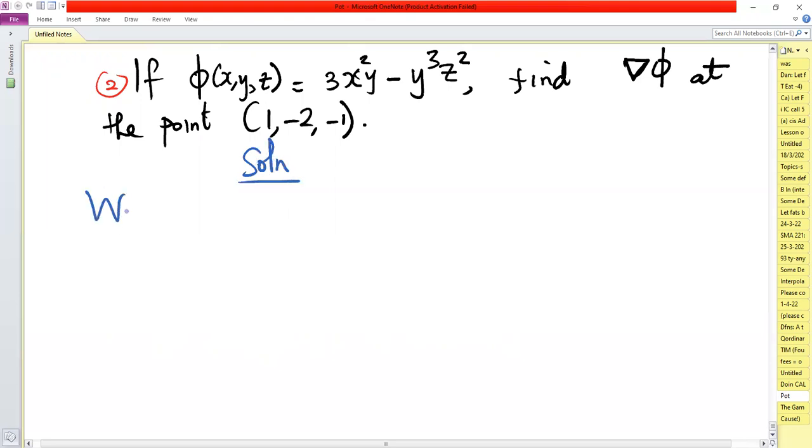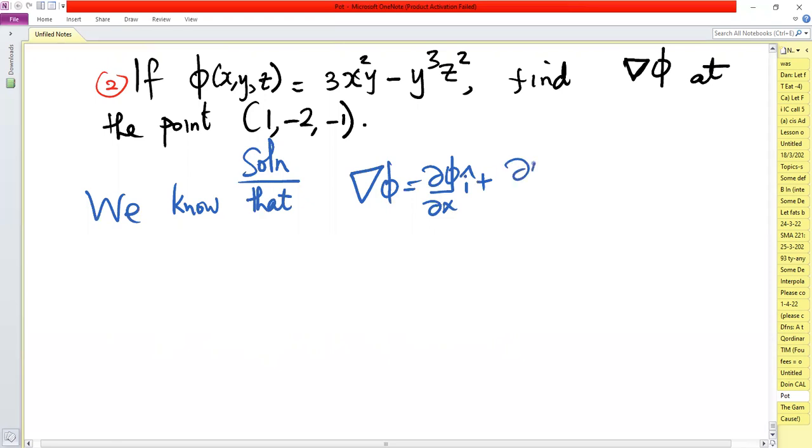We know that gradient of phi is partial phi partial x i plus partial phi partial y j plus partial phi partial z k.